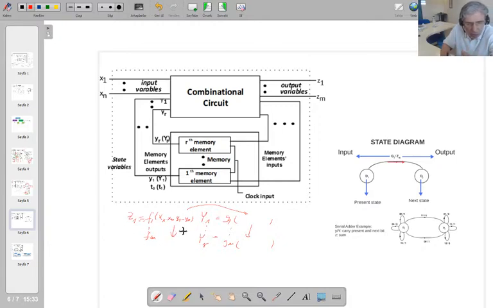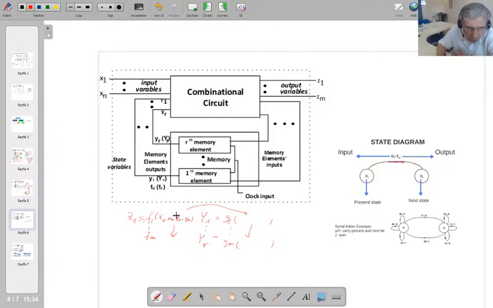So I am saying this mathematical model can be represented with another model which is called state diagram. In the state diagram, we represent each state as a circle like that. So we write inside the present state variables values, so y1 to yr. So let's say this is D1 state, call it present state.